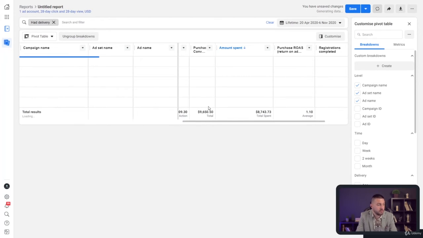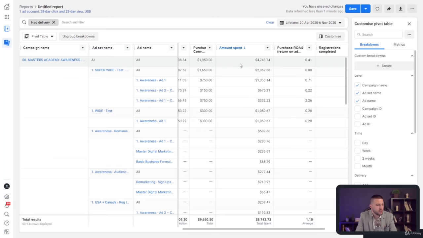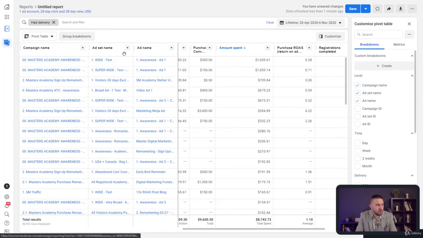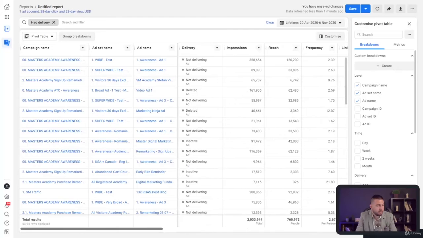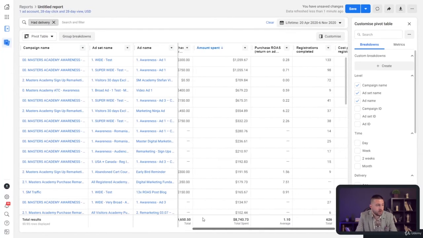Take a look at what happens if I group the breakdowns. So you can see now, if I take a look at the amount spent, I will get the campaign that actually spent the more money and not the ad itself. So when you ungroup the breakdowns, you will get kind of the latest level of things that you are looking at.